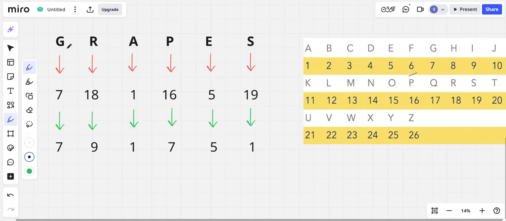Same thing. Match these letters with the numbers in this table. We have G here. Note down 7. Check for R, it is 18, note down the corresponding number. Check for A, it is 1. Check for P, it is 16. Check for letter E, it is 5. Check for letter S, it is 19, note it down.